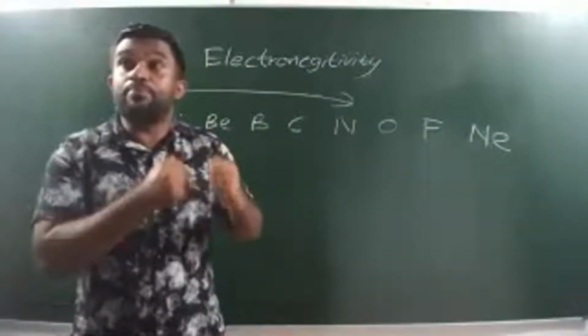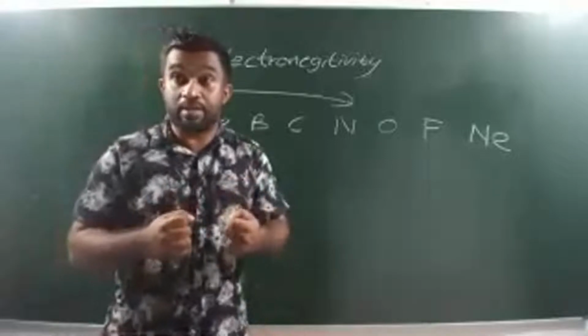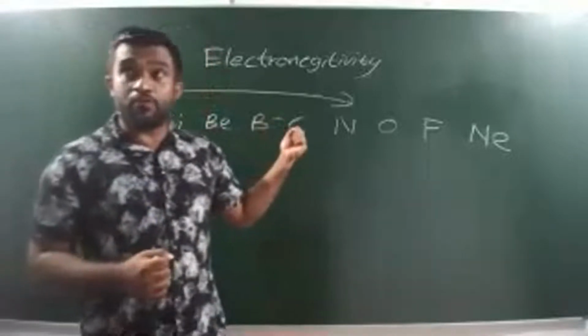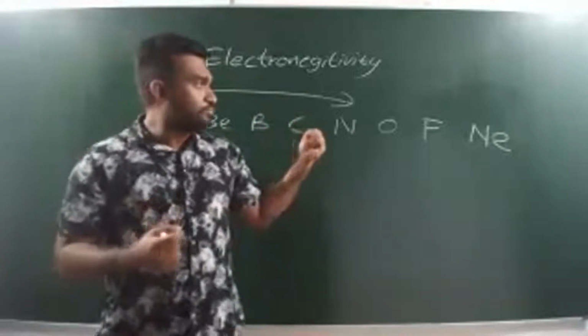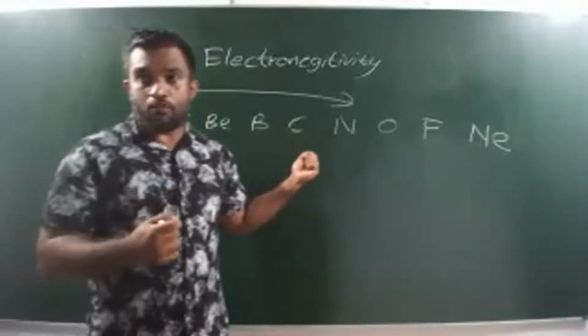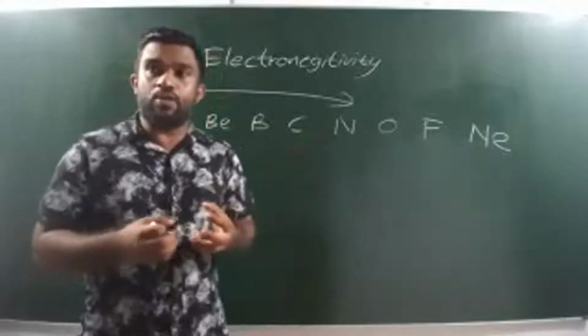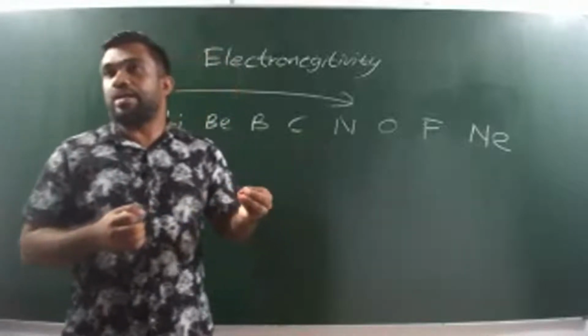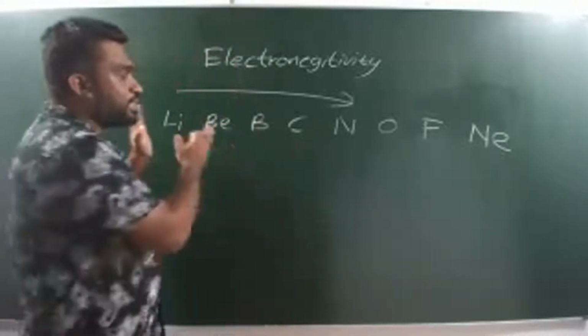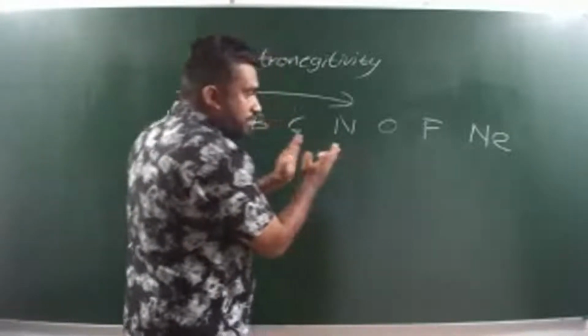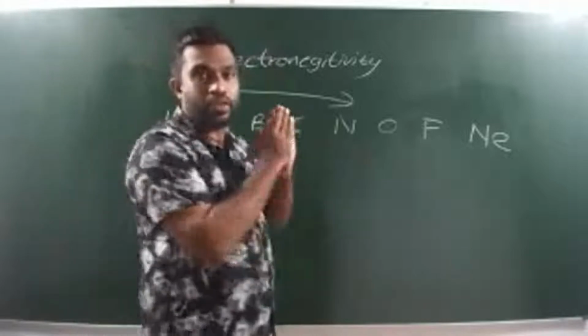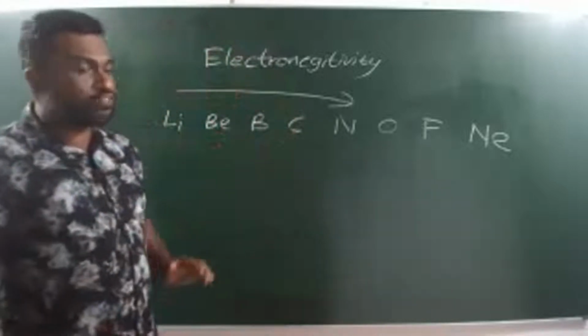The attraction will be increased. As I mentioned before, electronegativity is defined as the ability of an atom in a molecule to attract electrons to itself. So when the size decreases from left to right in a period, the electronegativity will increase. That is what's going to happen. So it's a very interesting thing, no?